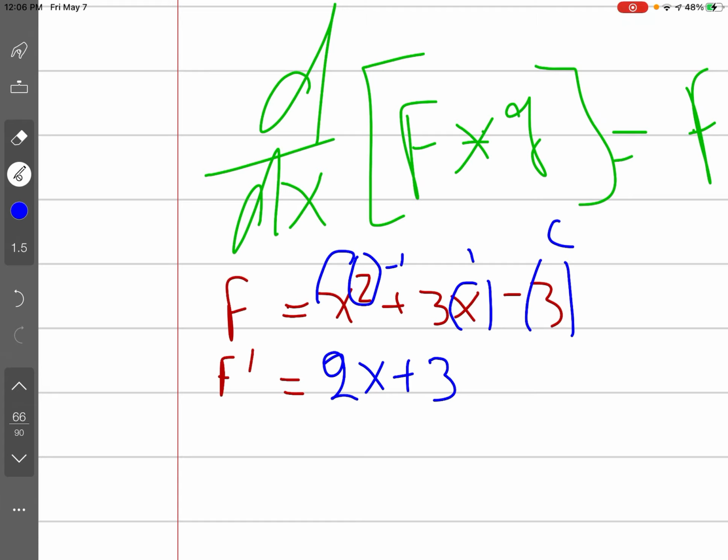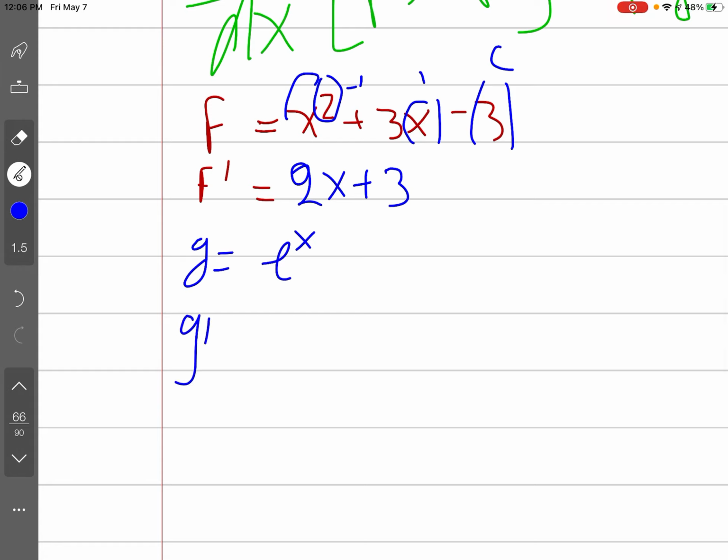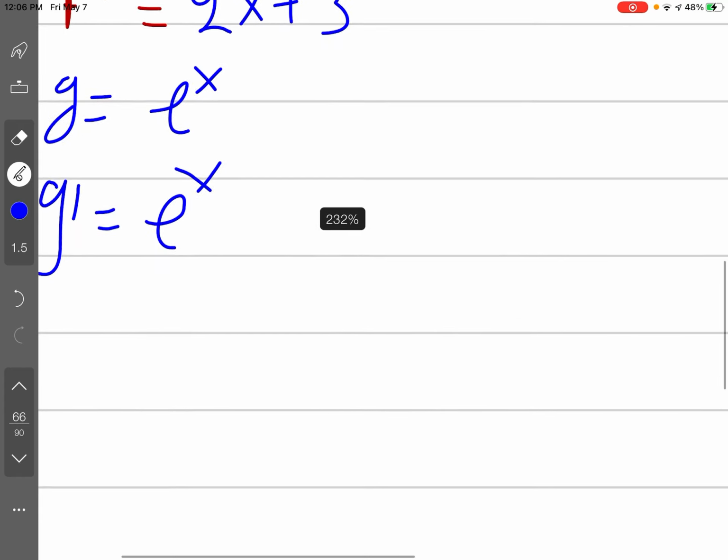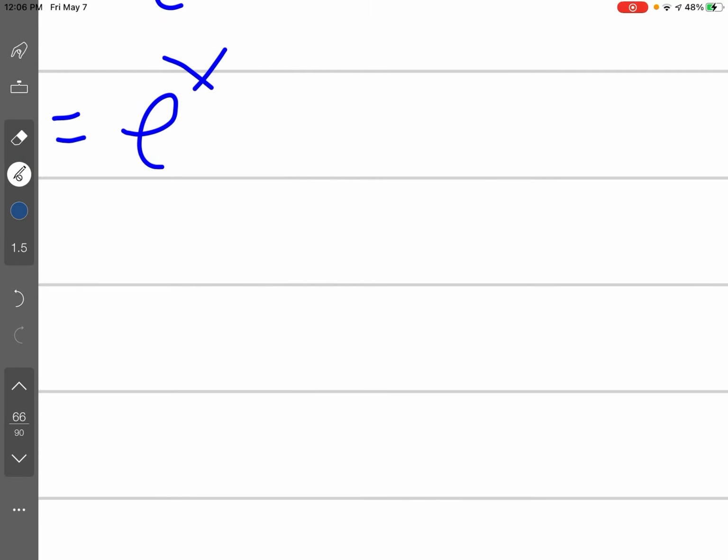So now I can use my g. My g is equal to e to the x. So g prime is not gonna change, still the same, e to the x. So now let me use the formula I did before. Let me use a different color.